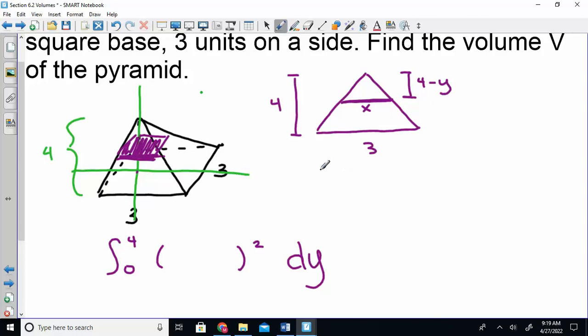So what we can actually do is use similar triangles to find that x. We can do a proportion. So it would be like x over 3 equals 4 minus y over 4.